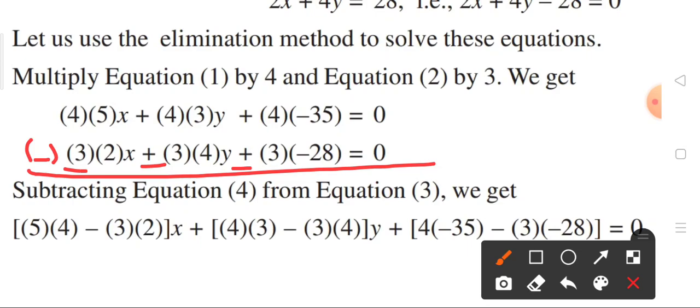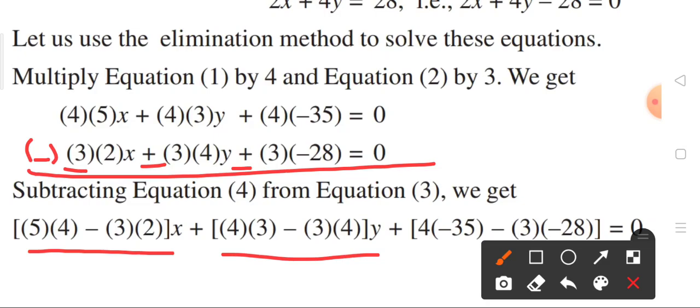So 4 into 5x minus 3 into 2x. So we take 4 into 5 minus 3 into 2, x is common. Then 4 into 3y minus 3 into 4y. We take y as common. 4 into minus 35 minus 3 into minus 28 is equal to 0.